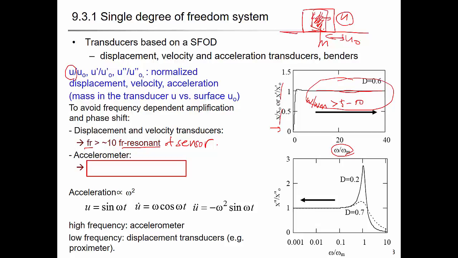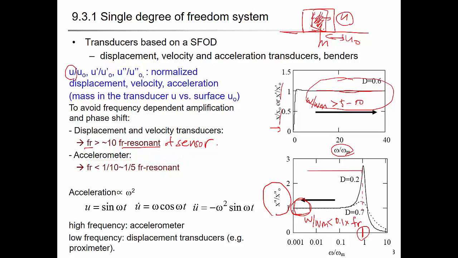In the case of acceleration, it's a little bit different. So this is the case for the accelerometer, and you can see that here is the resonant frequency. It gives the identical response when the frequency is much lower than the resonant frequency. So omega over omega n should be lower than 0.1 times FR.